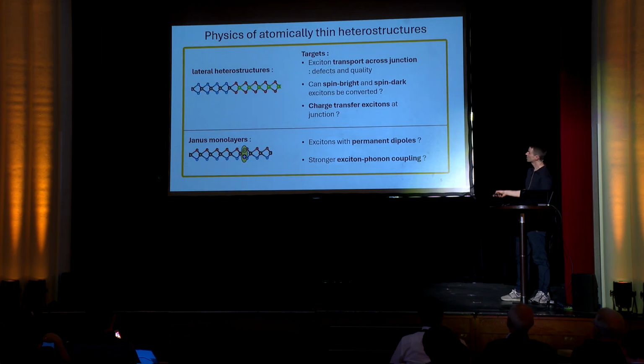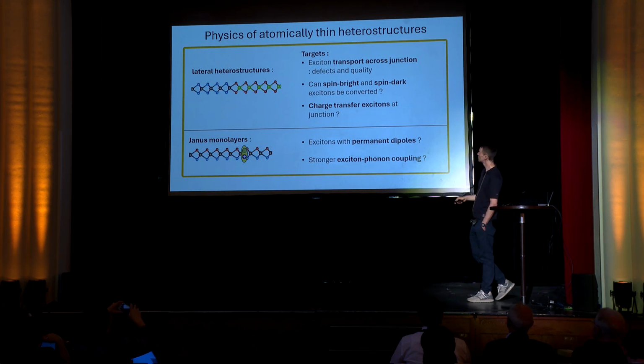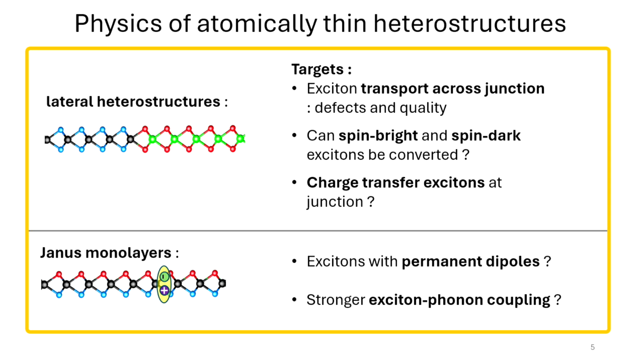So why are we interested in these new bricks for atomically thin physics? We want to look at these atomically thin junctions. Yeah, so that's the thinnest BN junction you can have in nature. You can then look at how you can transport optical excitation from one side to the other. When we started the study, it wasn't clear if this bond that in my PowerPoint drawing looks very solid is good enough to support transport of excitons.